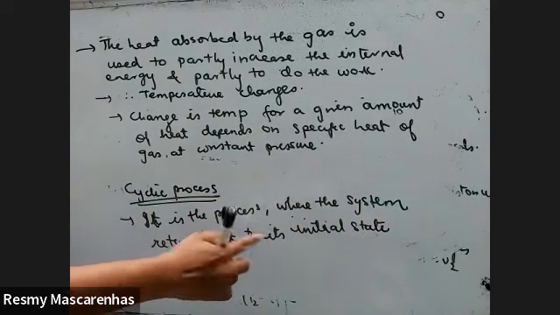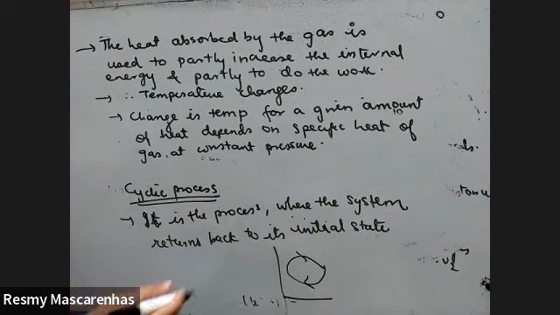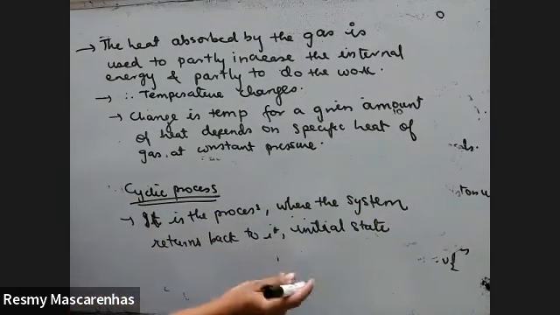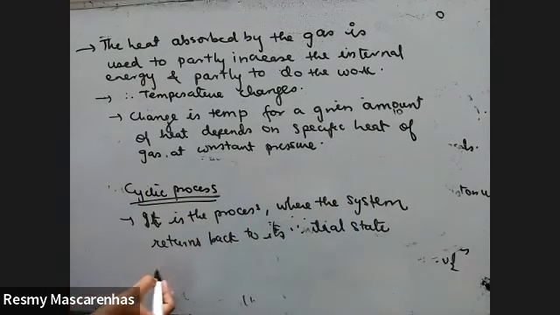You will see this further in engines and all. If it goes, it will come back also, back to its original place. There are various types like this also. So for this, the change in internal energy is always 0, and Q will always be equal to the work.